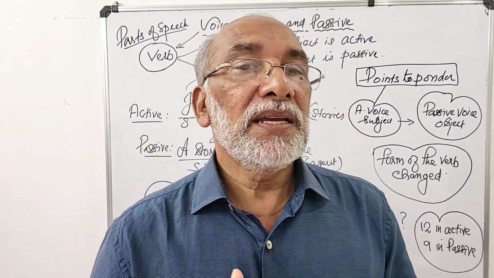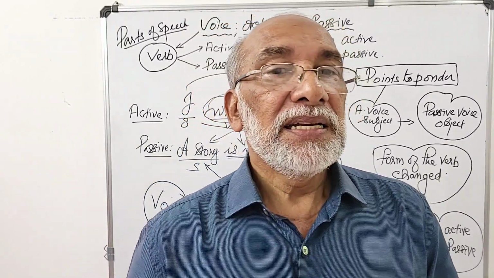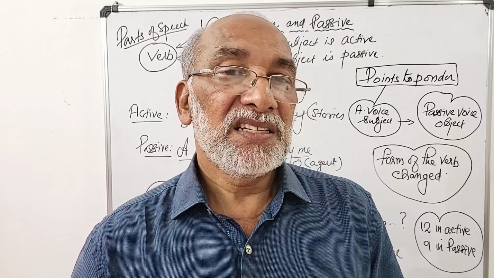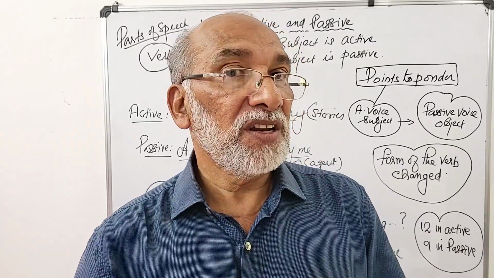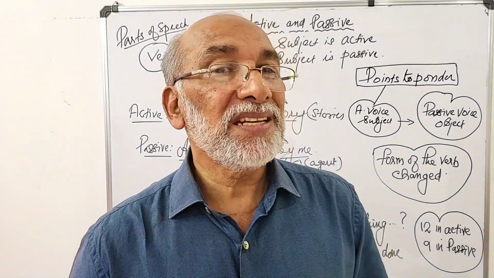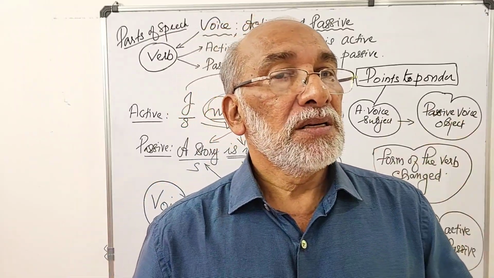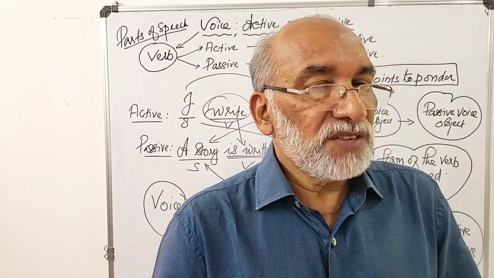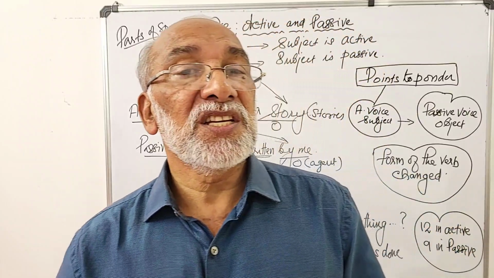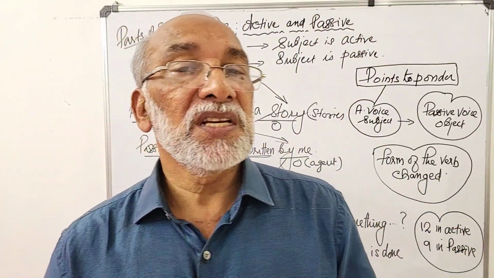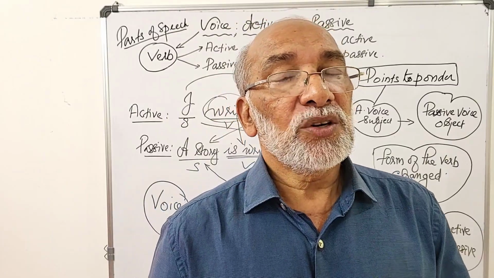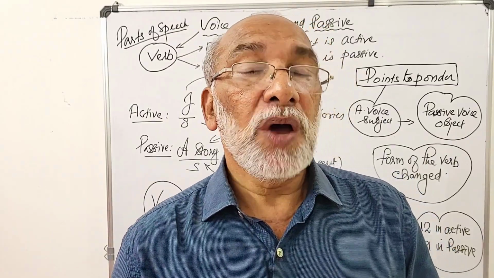As we have already learned in the topic tenses, okay, if you haven't gone through the videos, please go through that. We have come across some 12 tenses. Present tense we have 4 different forms, past tense also we have 4, and future tense also we have 4. So total 3 into 4, 12 tense forms.